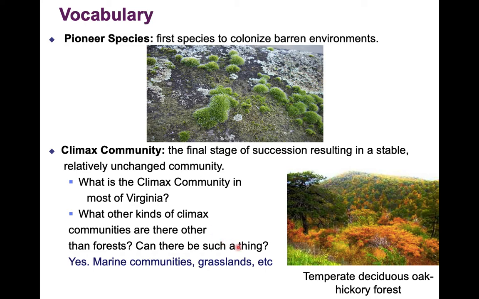Of course the answer is yes, because if you live in the ocean, then it's a marine climax community. Or it could be a grassland, rainforest, or a desert, depending on where you live. So these are the same things as biomes.